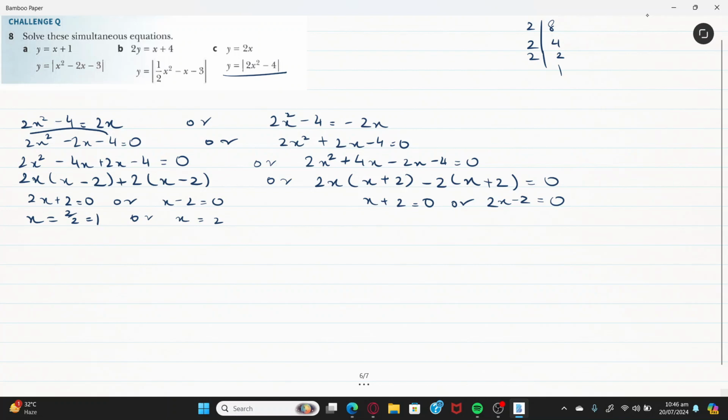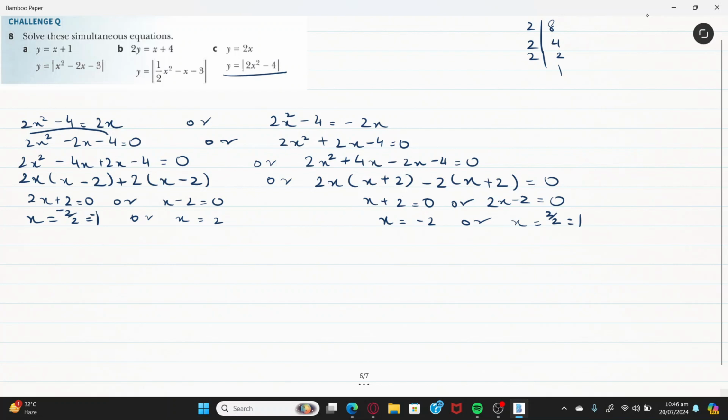For the third value, we have x is equal to negative 2. Oh, sorry, this is going to be negative 1 by the way, because positive 2 will come here and become negative 2, and negative 2 divided by 2 is negative 1. And opposite here, positive 2 divided by 2 on the other side is equal to 1. So we have four values of x again.